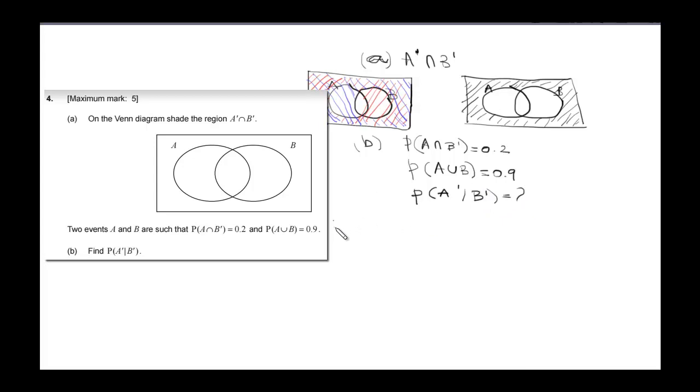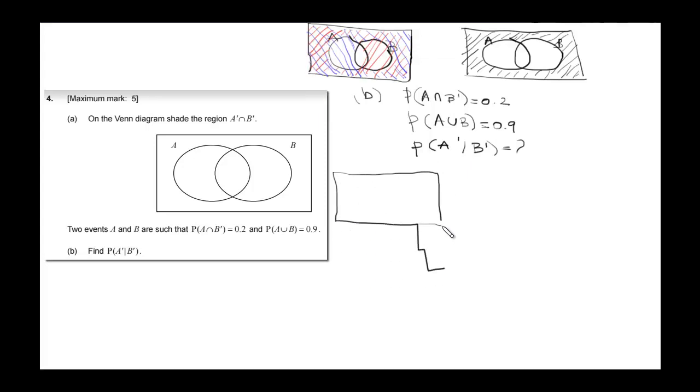So I will draw again the Venn diagram, and I shall erase the region outside. So this is the set A, this is the set B. So A intersection B dash, intersection means common.